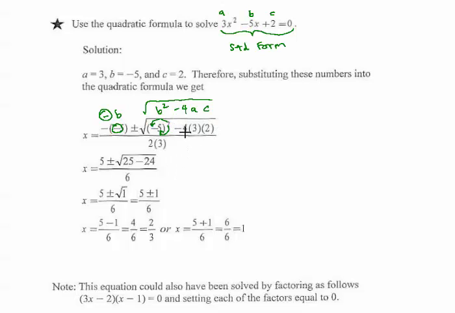So 4 is a part of the formula, our a is 3 and our c is 2. And then on the bottom, 2 is a part of the formula, it's automatic, and then beside it we have our a.